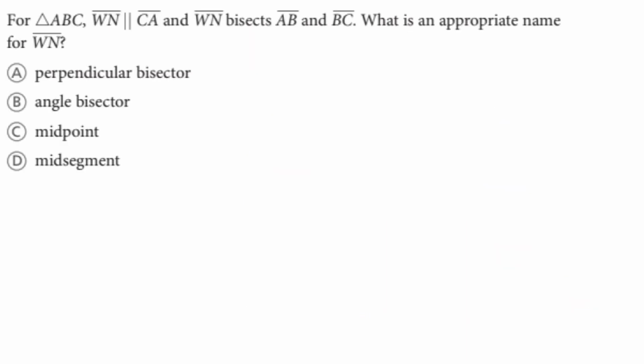Okay, so now they are saying ABC. There is a triangle A, B and C. WN is parallel to CA. So this is W, this is N, and this is CA.